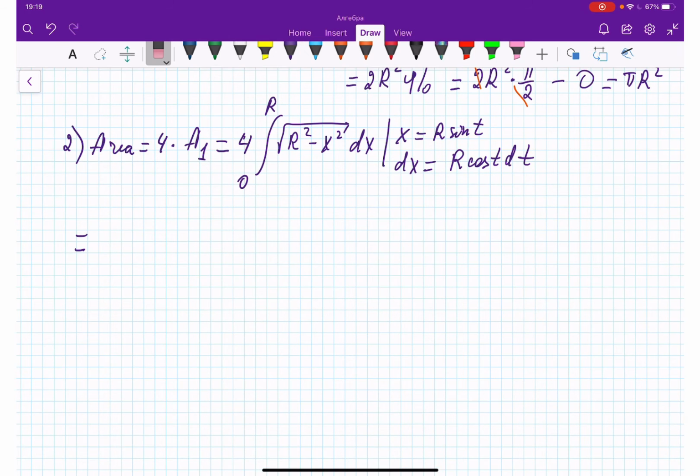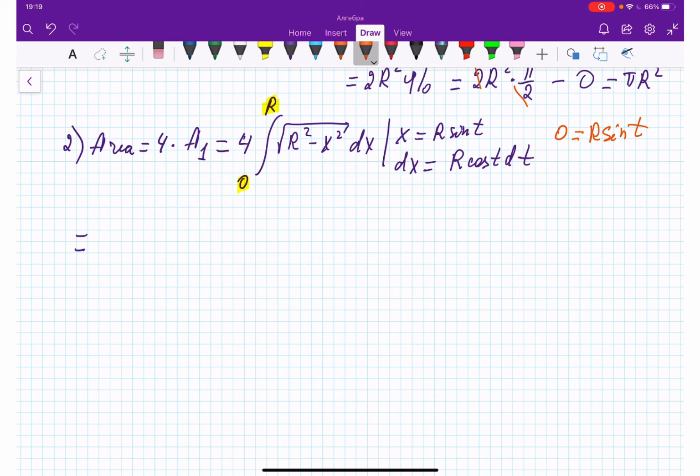Since we are going through substitution, that means we have to replace the limits of the integral, 0 and r, right? So the lower limit is 0. If I plug in x as 0, we get 0 equal to r sine t.